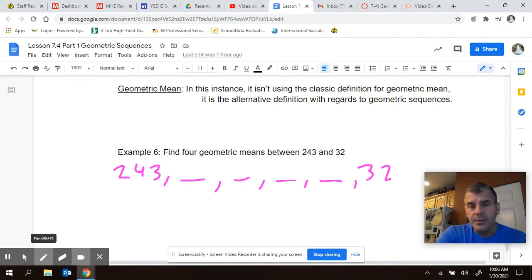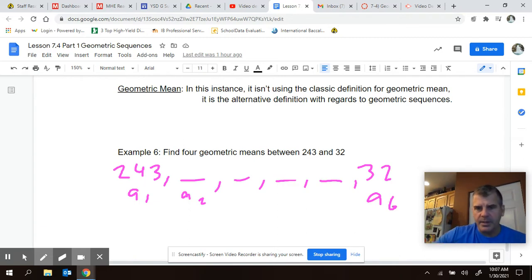Our job is to use the clues and the explicit formula to find your common ratio. Since we know that there are 6 terms in the sequence, we could represent each of these by A1, A2, up to A6.